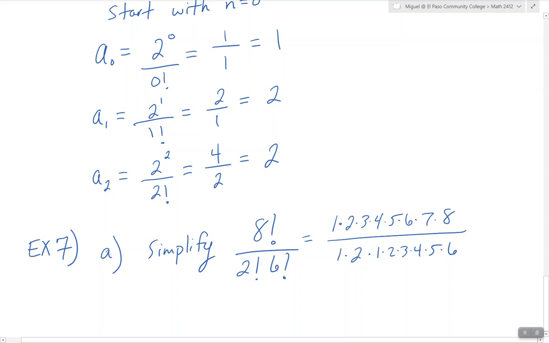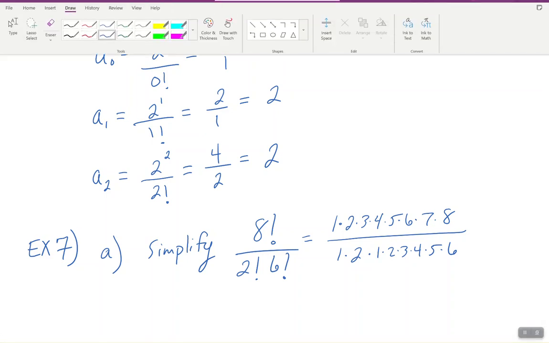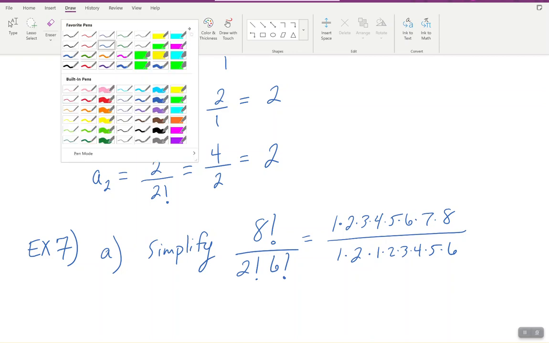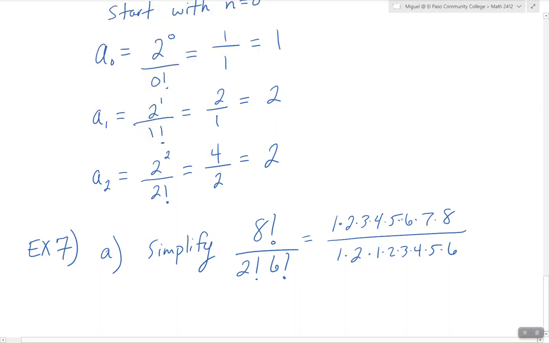And now, seeing them in this expanded form, we can see what factors they have in common, and then we can cancel stuff out. If you notice, we have the factors 1 through 6 for sure on both the top and the bottom, so that will divide out to get 1. We'll be left with 7 times 8 on the top and 1 times 2 on the bottom.